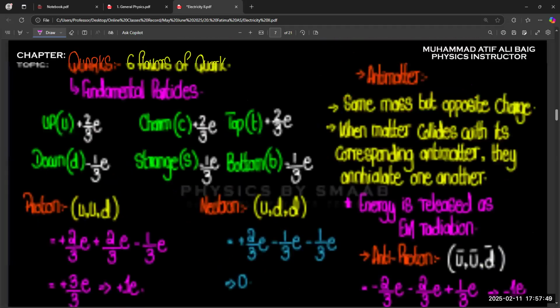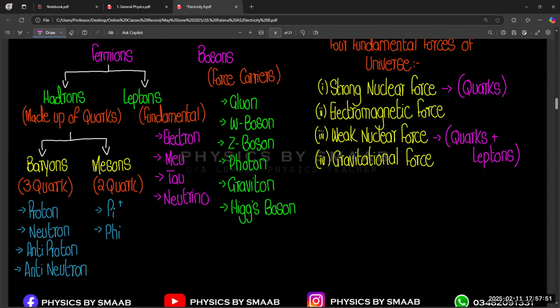And further, we already discussed baryons and mesons, that baryons are a three quark system, and in mesons we have a two quark system. And after this, in this whole chapter of the particle, next time we have to start with the concept of radioactivity again, because radioactivity is a complete topic.